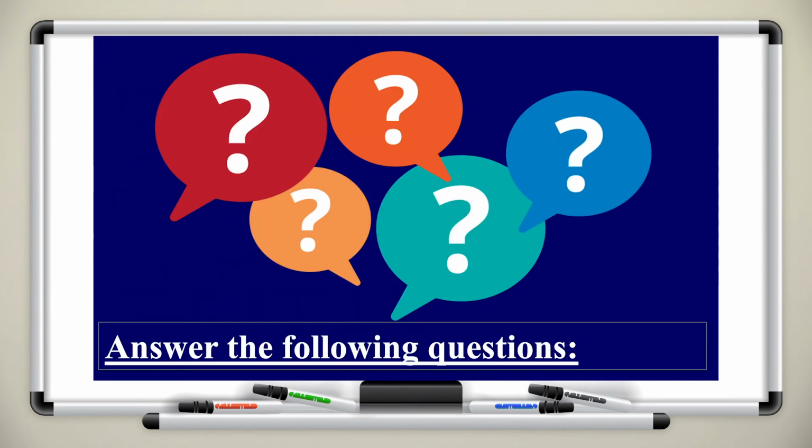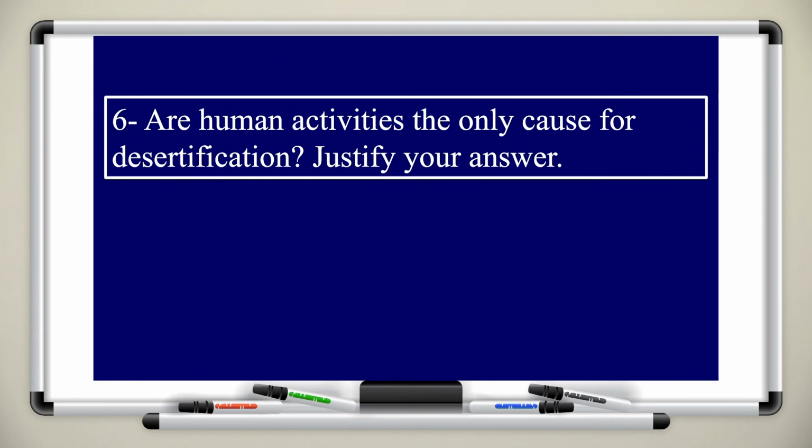After we're done with the multiple choice questions, now we will answer the productive questions. This means, again, that you have to write full, meaningful sentences for the productive questions. Question 6. Are human activities the only cause for desertification? Justify your answer.